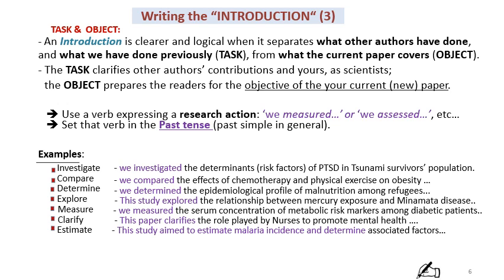We conducted a study, etc. Or the authors conducted a study. And in general, it is advised to use verbs that express a research action. For example, we measured the level of blood glucose, or we measured the blood pressure, etc. We assessed. And we need to set that verb in the past tense, the past simple in general.